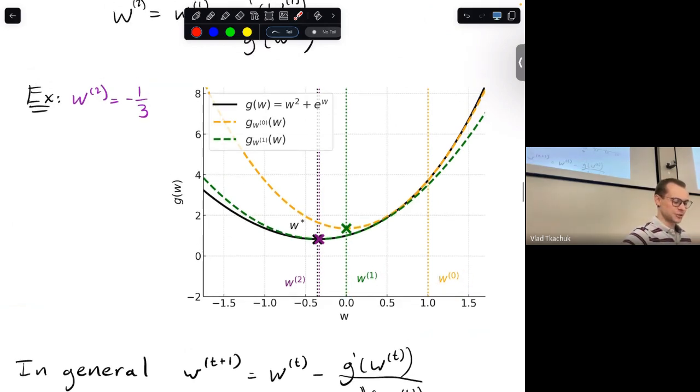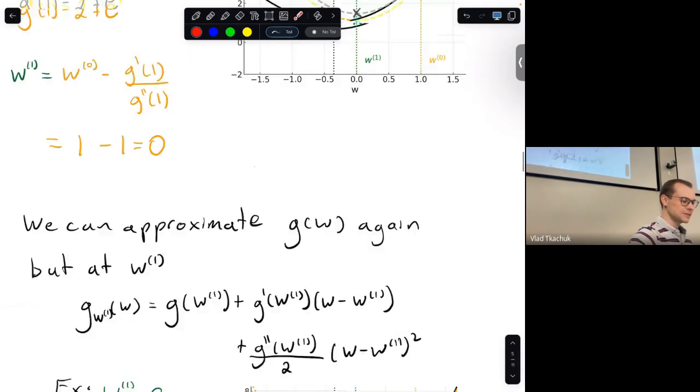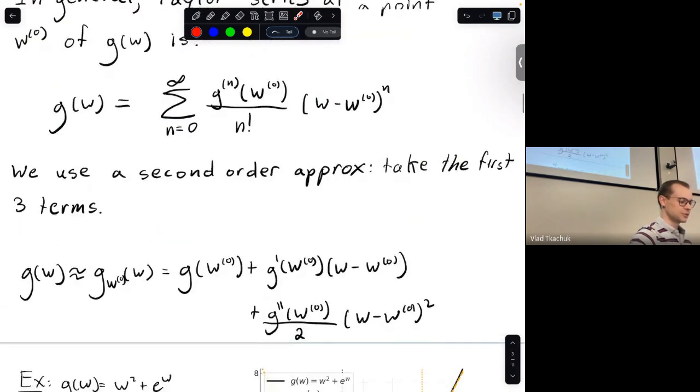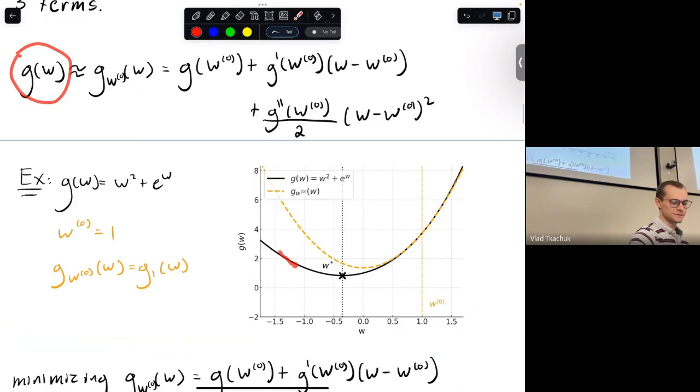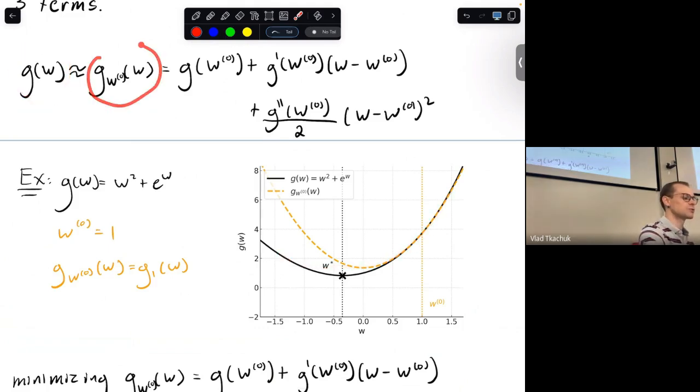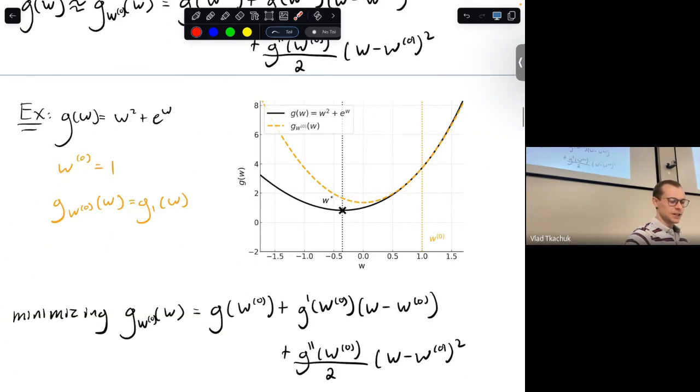But yeah, to remind you, we started with the function g of w, which is the black thing. We approximate g of w with some other function. We call this g subscript at the point you approximate, W0. That's the orange thing. So you approximate this g function with this orange thing at W0.